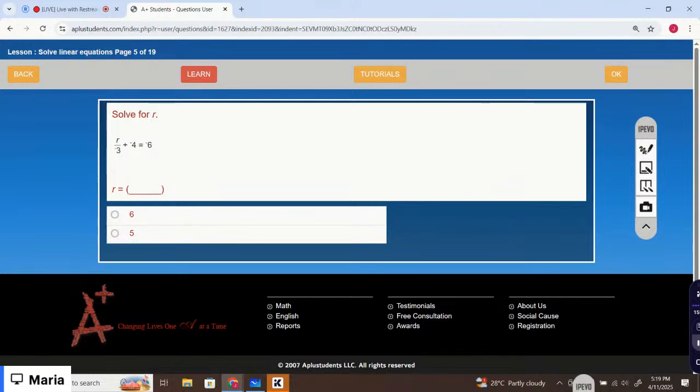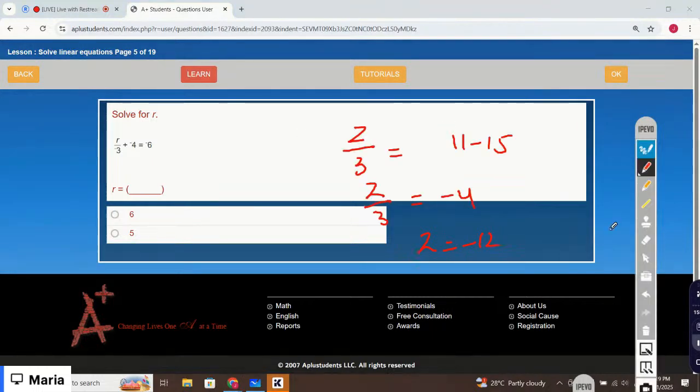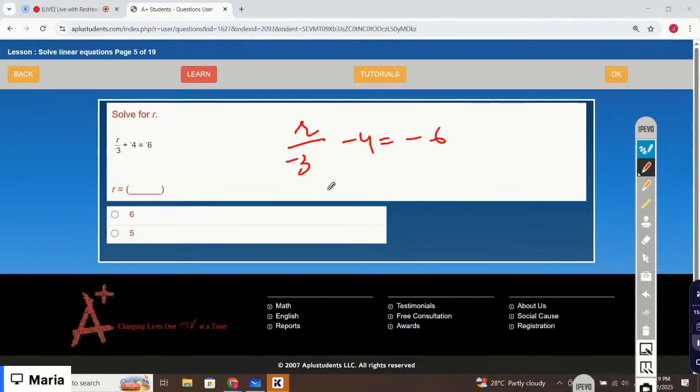Solve for R. R divided by negative 3 plus negative 4 equals negative 6. So this is R divided by negative 3 minus 4 equals negative 6. So R divided by negative 3 is negative 6 plus 4.